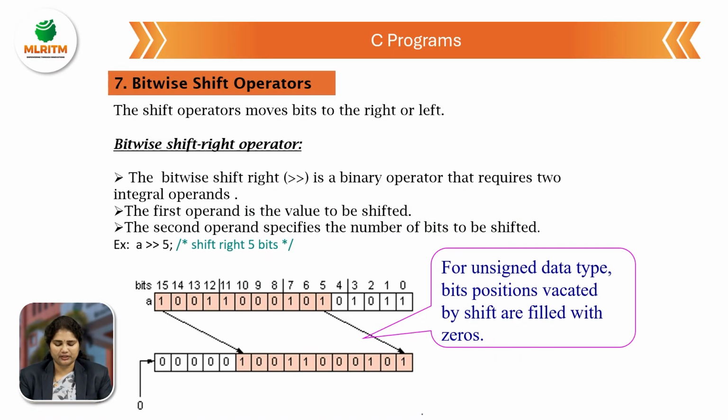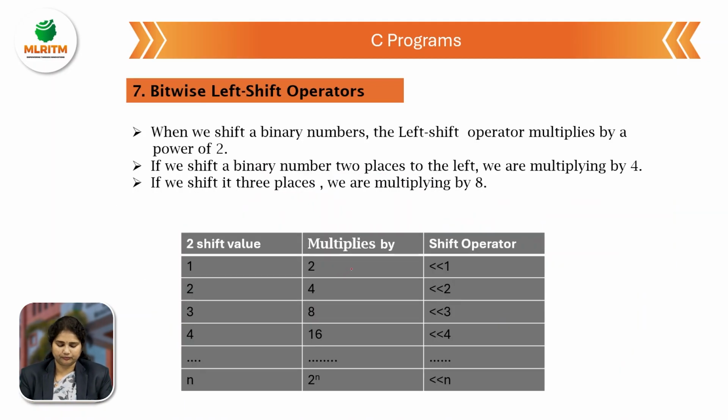Left shift. Bitwise left shift means what? Right shift means the bits are moved to the right side. Left shift means the bits are moved to the left. Here we will write the example A left shift B. Suppose A equal to 10.